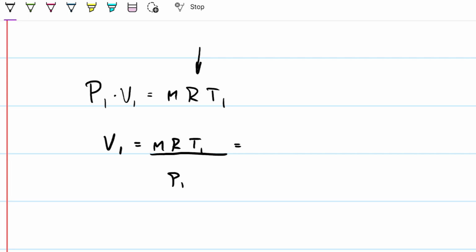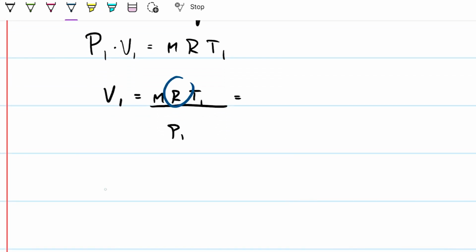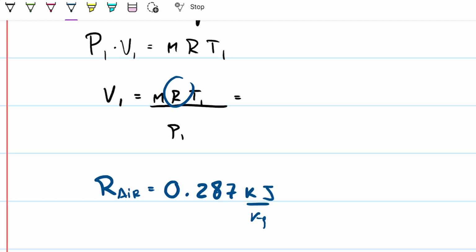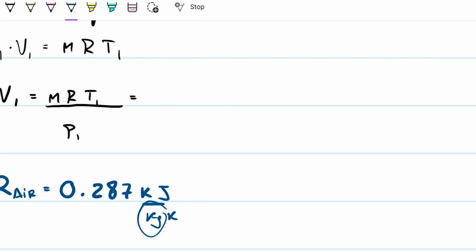If I want to use the kilogram, I need to grab the R for the gas, and in this case R for air is 0.287, and that is kilojoules per kilogram Kelvin. Again, the difference between these two is whether you're using the universal one with moles, or the specific one for air, which is in kilograms.